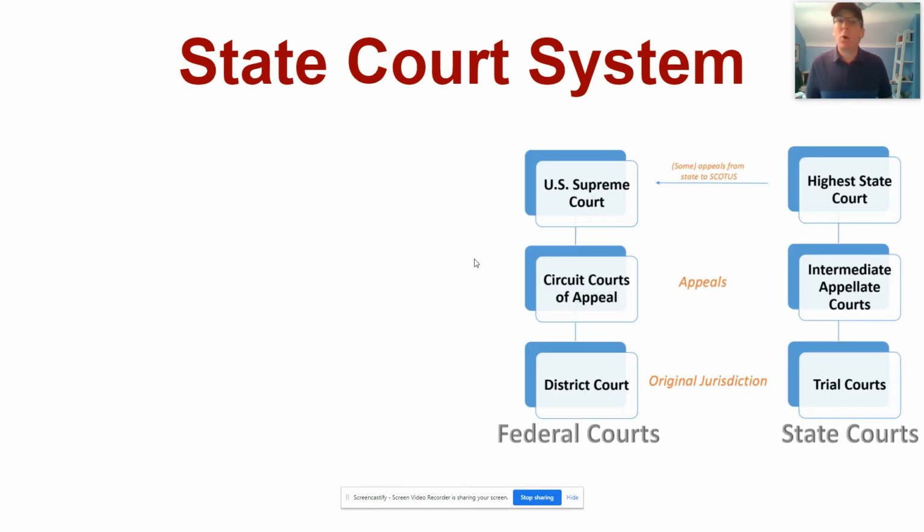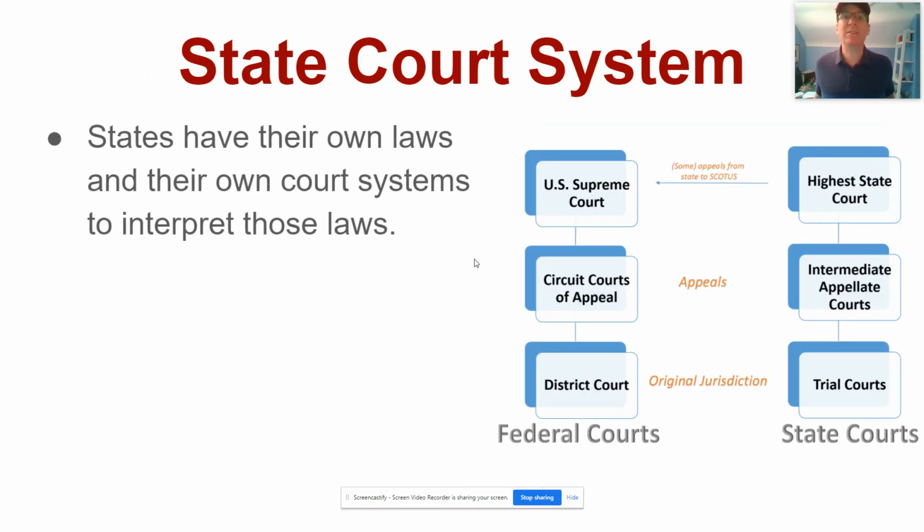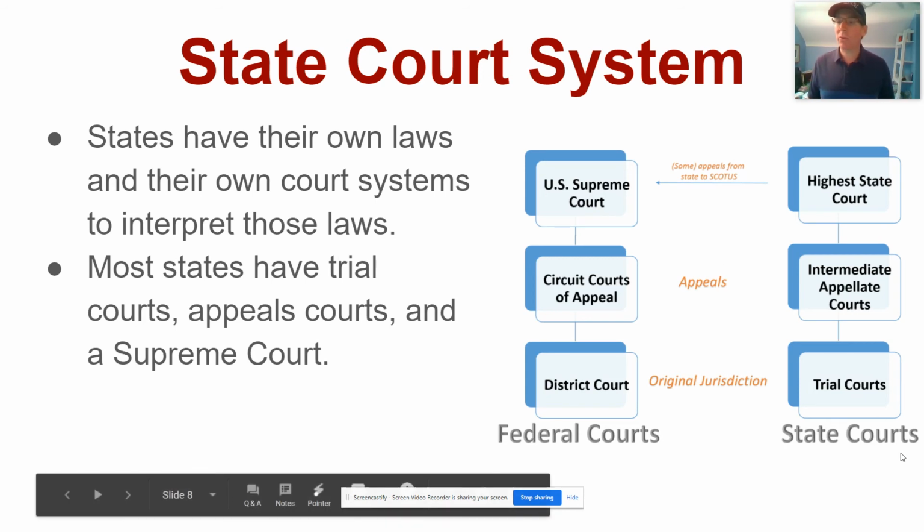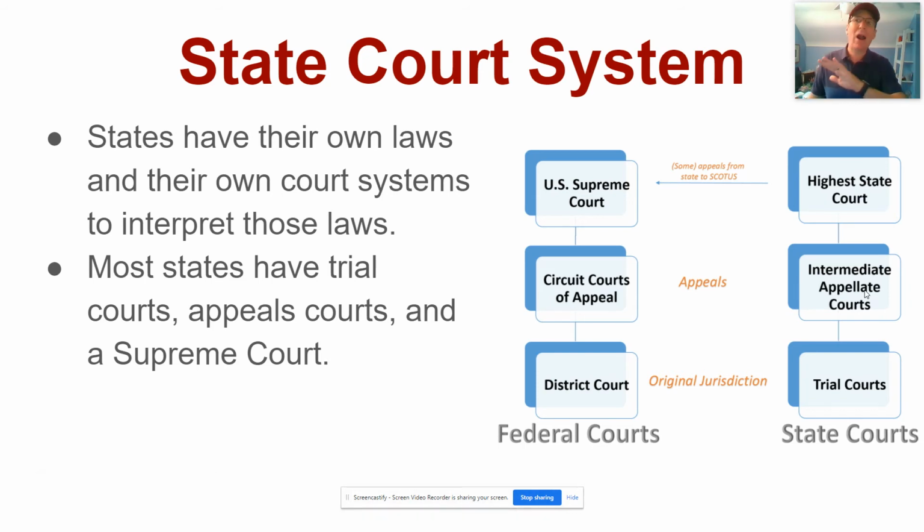All right, the state court system. States have their own laws, and because they have their own laws, they're going to have their own court system to interpret those laws under their state constitution. Most states start out at the trial court level. We can see that down here. Before they go to intermediate appeals courts, they come by a variety of names in different states, but appeals or intermediate courts are common names.